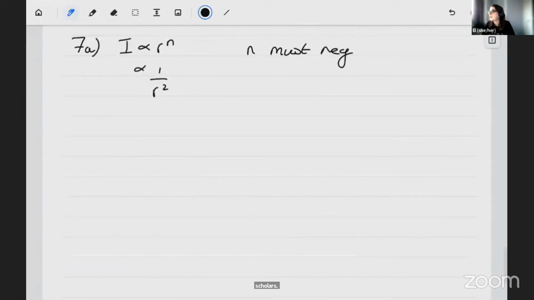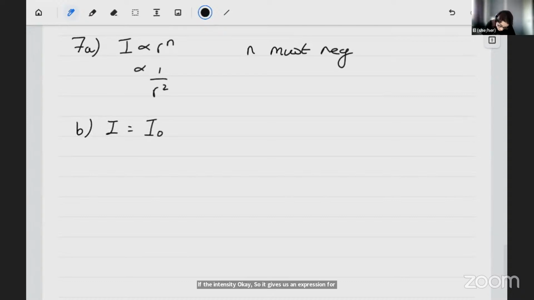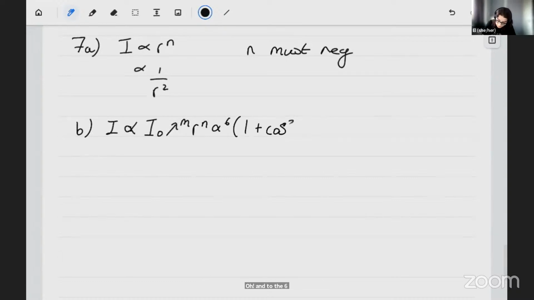And the next part says, if the intensity, okay, so it gives us an expression for the intensity. It says intensity is proportional to I naught lambda m Rn alpha to the 6, 1 plus cos squared theta.